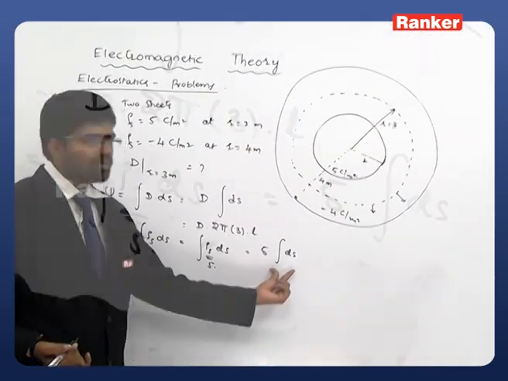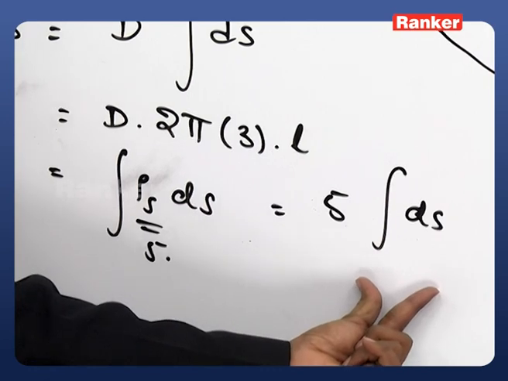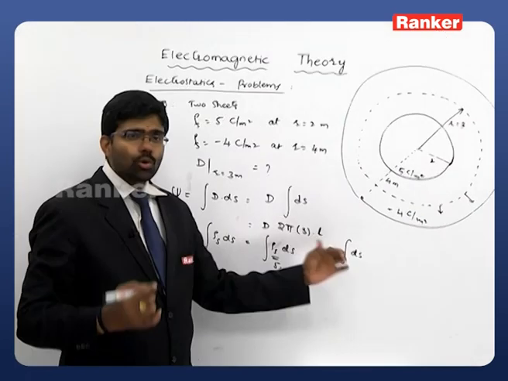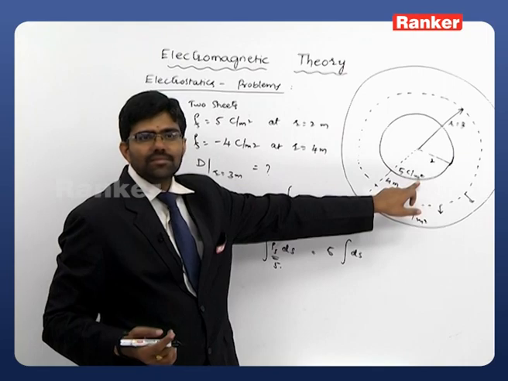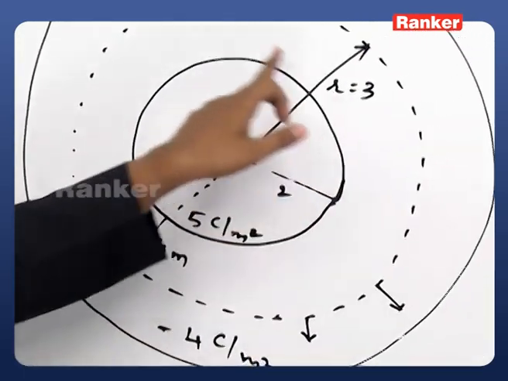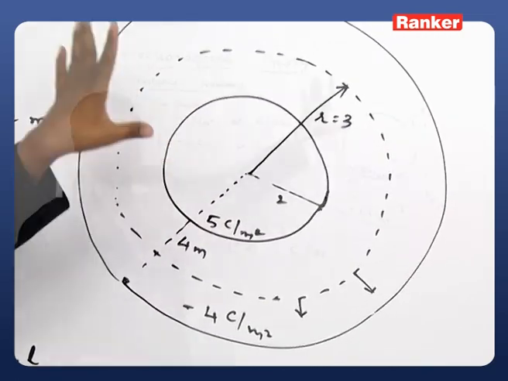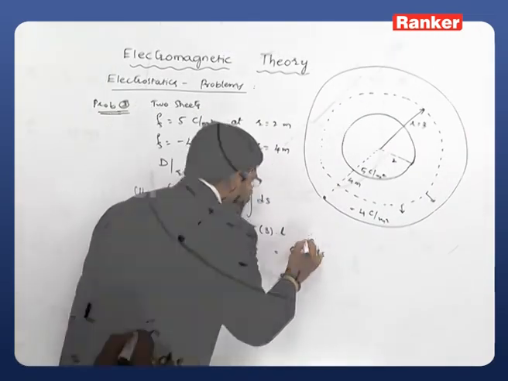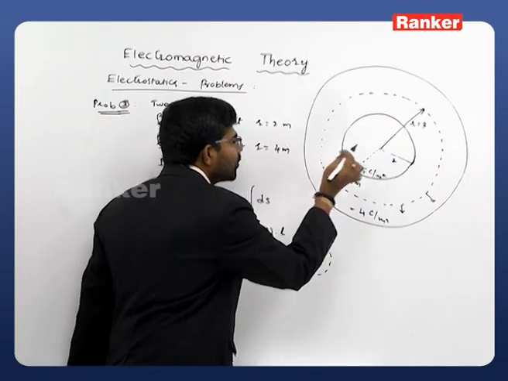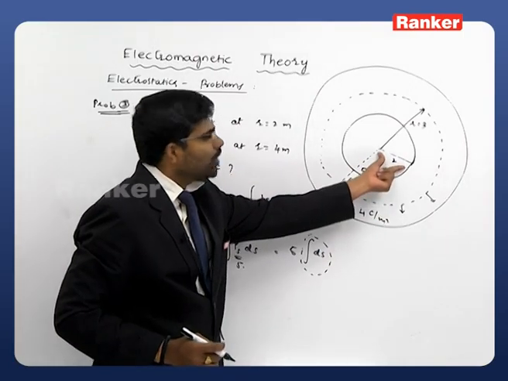Now what is this dS? This is the differential surface which is integrated to obtain the total surface of charge, right? So clearly we need to find the area of this particular charge, that is nothing but the cylindrical surface. So what is the surface area of this cylindrical surface up to this particular point? The radius is only 2.